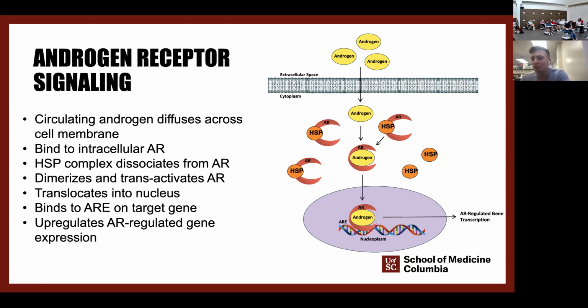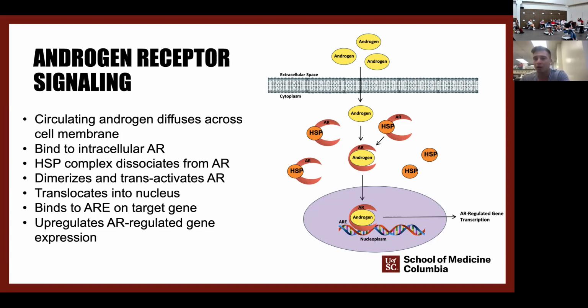Once it's in the nucleus, there is a specific sequence on our target gene called the androgen response element. Basically this is what triggers the upregulation of androgen regulated gene transcription. When I say gene transcription, I'm talking about turning on the activity of these genes, which will eventually get translated into proteins. These proteins will become integrated into, in our case, the skeletal muscle, and then become biologically active.